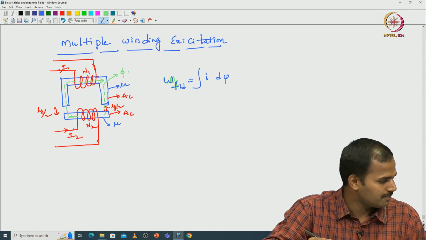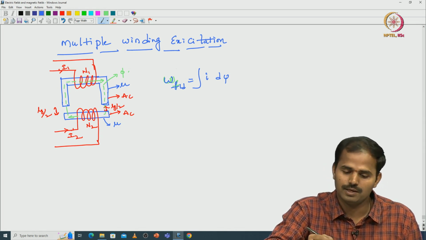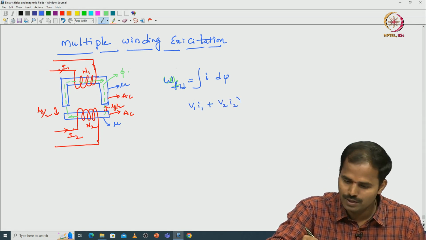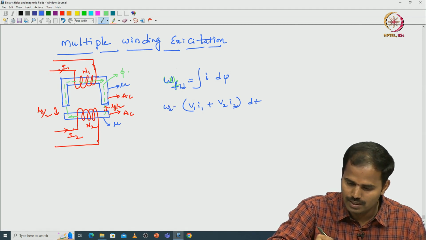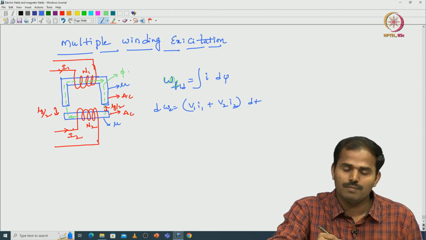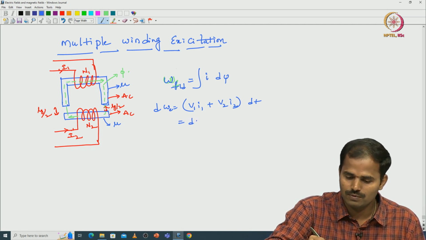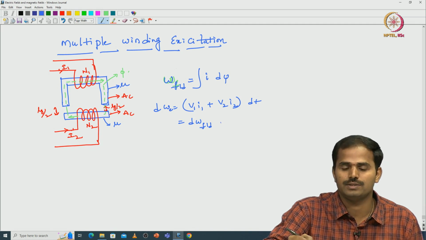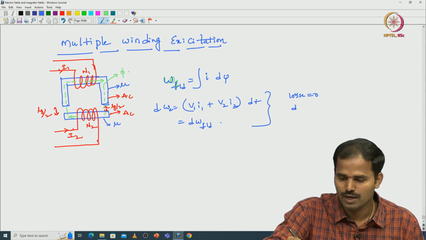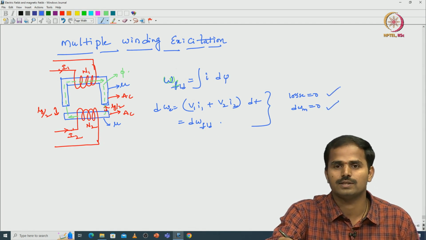The change in electrical energy is nothing but V1 I1 plus V2 I2 into dt. The change in magnetic field energy is also the same, under the condition that losses equal 0 and mechanical output equals 0. There is no mechanical output and losses in the system are 0.